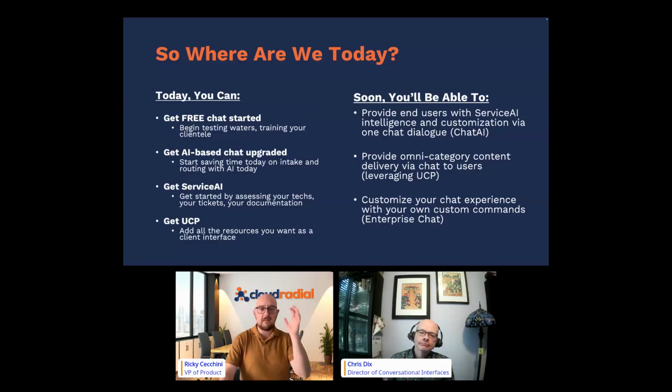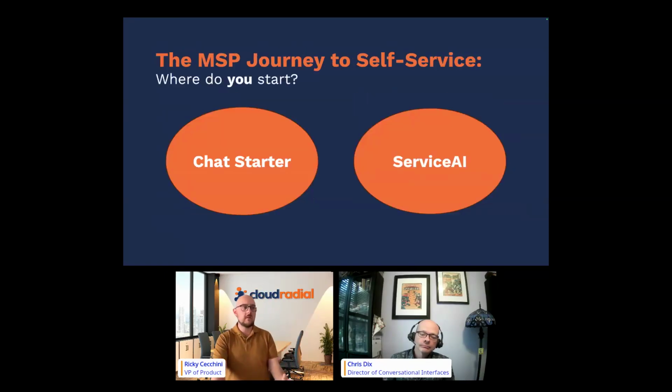If I had to summarize it today, if the goal of today's webinar is to jump to that full self-service and you want to make sure you're getting there, the two things to do: get Chat Starter, at least focus on that. Again, free, zero risk. And a shameless plug for ServiceAI as I work on it, because what I'm finding is that the AI assessment of your general readiness for putting this stuff in front of clients is critical.